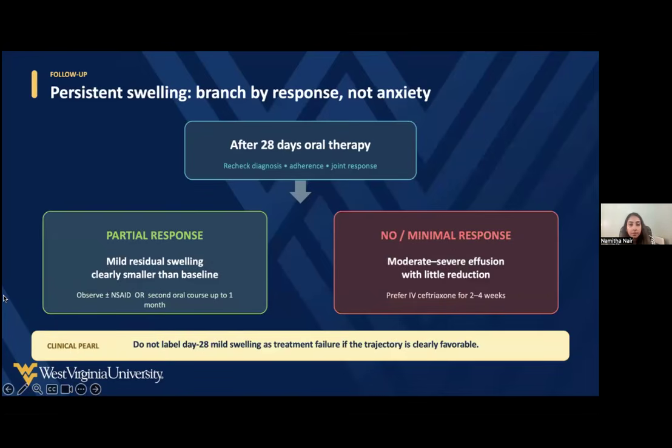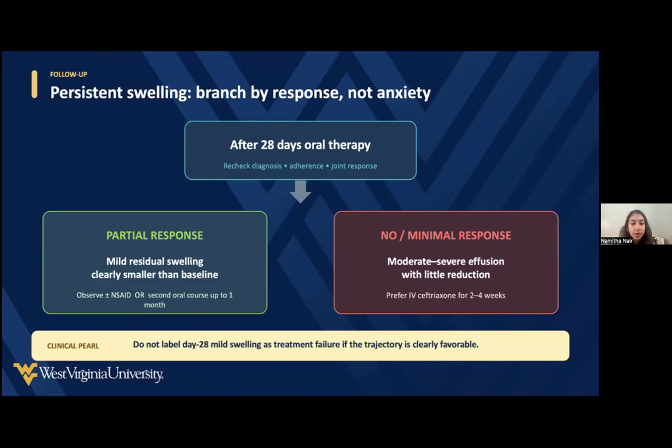So a follow-up: you're noticing that this patient's completed the 28-day oral therapy as always, and there's still some persistent swelling. So recheck the diagnosis, make sure you didn't miss out on anything. Make sure the patient was adherent to the regimen, and then you assess for the joint response.